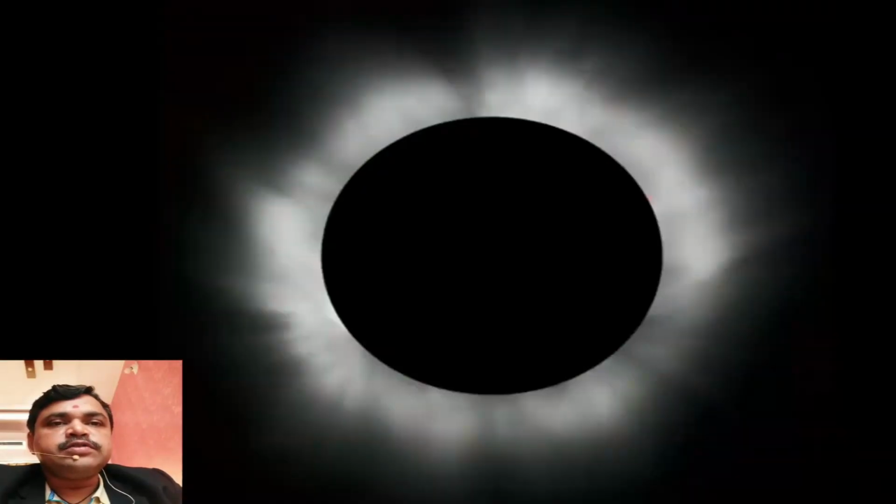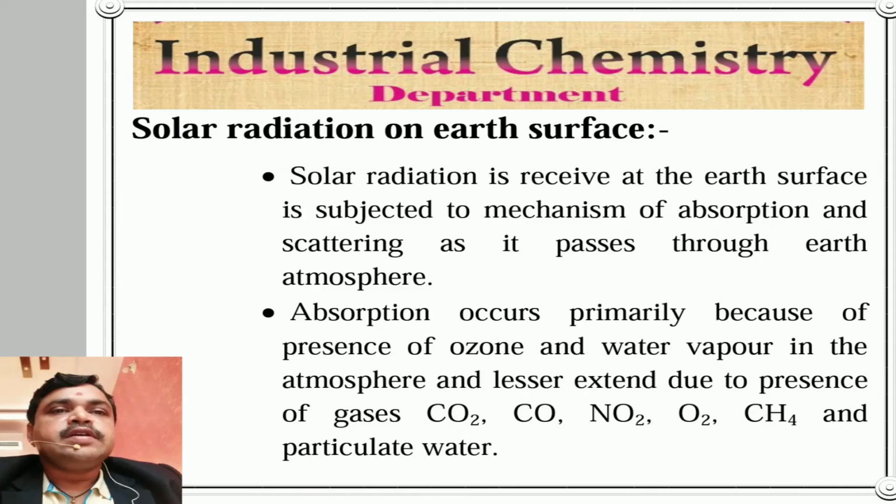We study two other parts of that. First of all, we see solar radiation on the Earth's surface. Solar radiation received at the Earth's surface is subjected to the mechanisms of absorption and scattering as it passes through the Earth's atmosphere. We studied absorption in the unit; scattering is not studied.